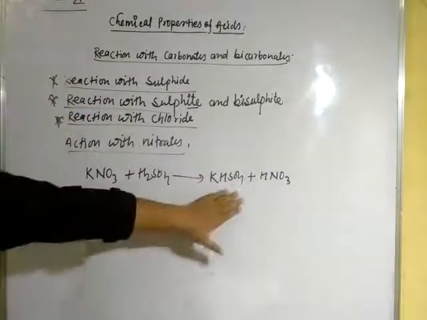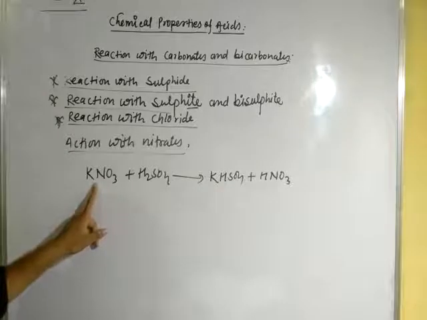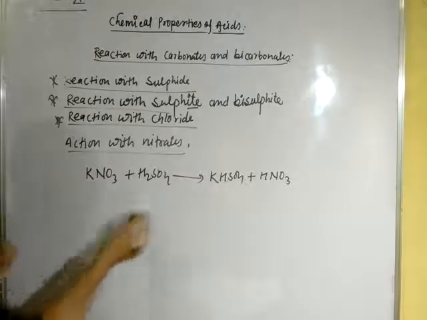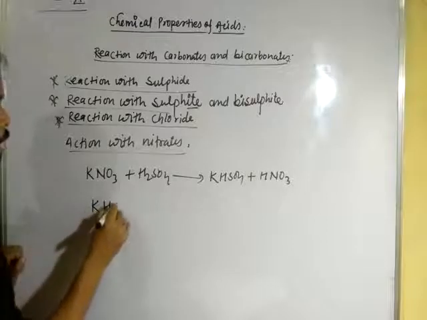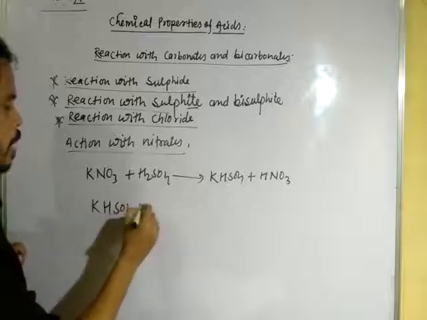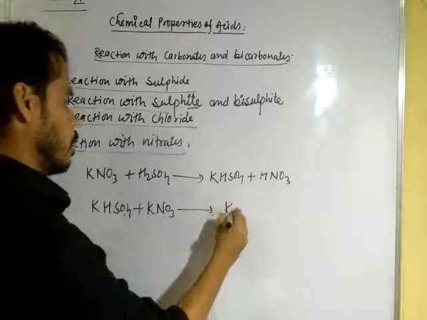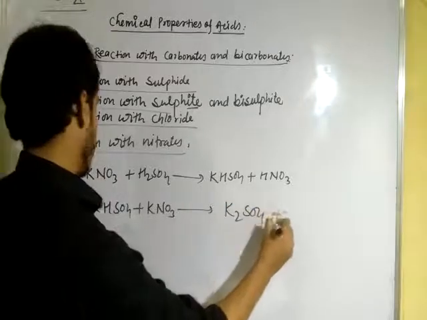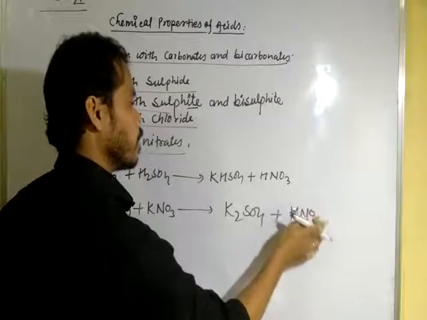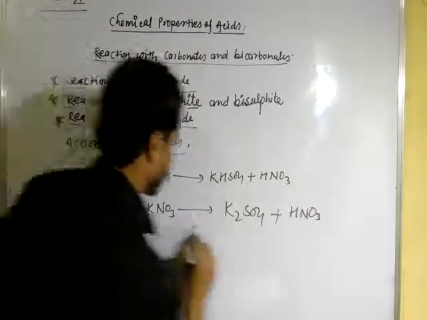The potassium bisulfate formed in this reaction again reacts with a second molecule of potassium nitrate to form potassium sulfate and HNO3 as a byproduct, or you can say major product, no problem.